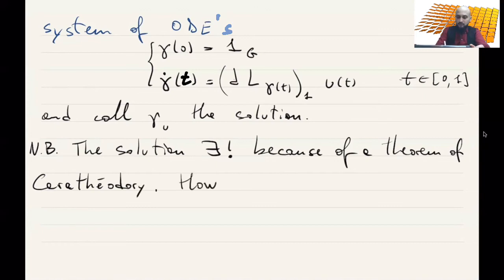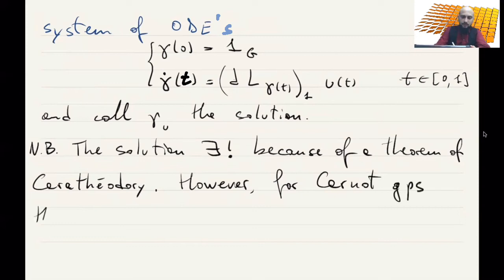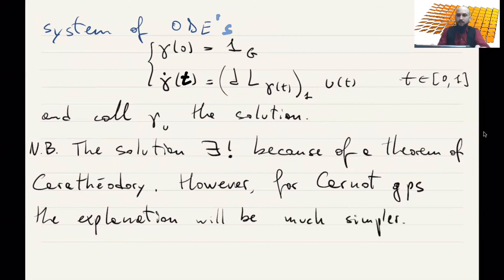I will not explain how to use the theorem, but it's very simple. However, for Carnot groups, which are particular subRiemannian groups we will discuss later, the explanation of the existence and uniqueness will be much simpler. So, believe me for now that the solution exists. And let's call it gamma u.